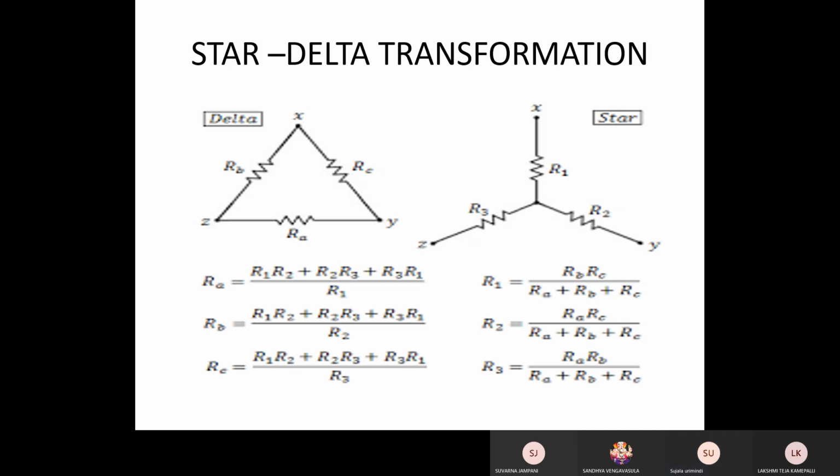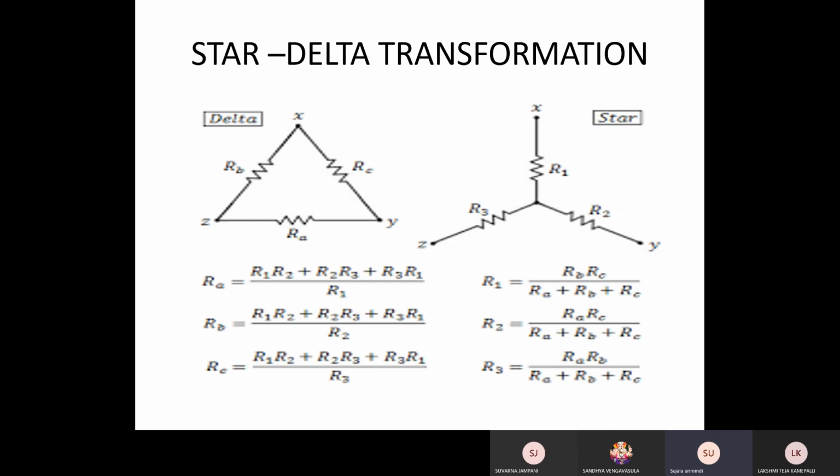So in the delta-star transformation, if I have to find out the RA in the delta form, then you have to find the sum of the possible pairs of star resistances, that is R1 R2 plus R2 R3 plus R3 R1 by the opposite resistance.